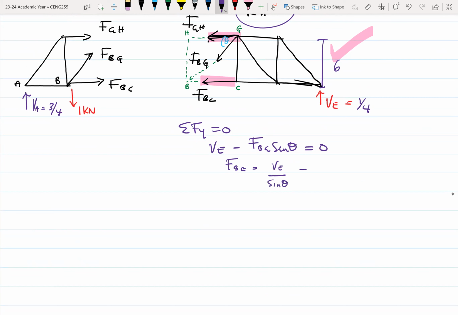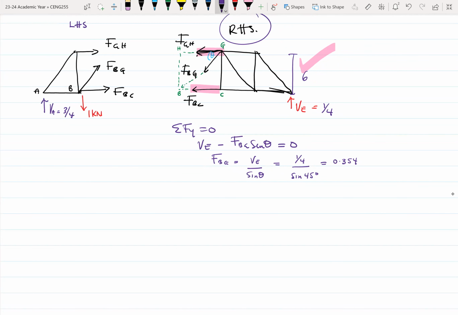So VE is 1/4 divided by sine 45. If we do that calculation, you will get 0.354.